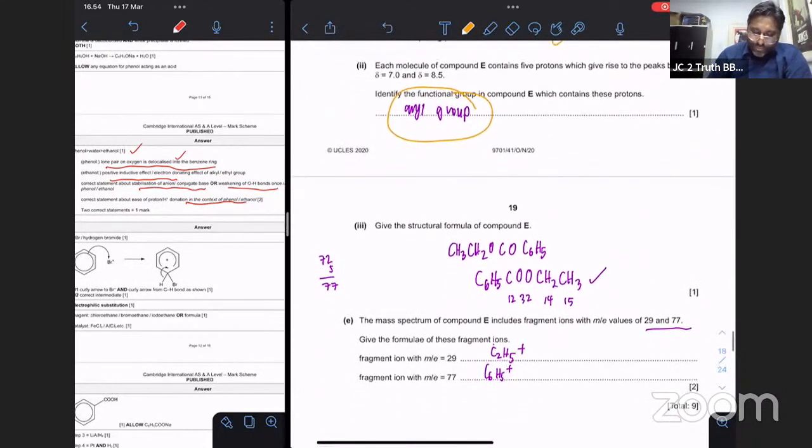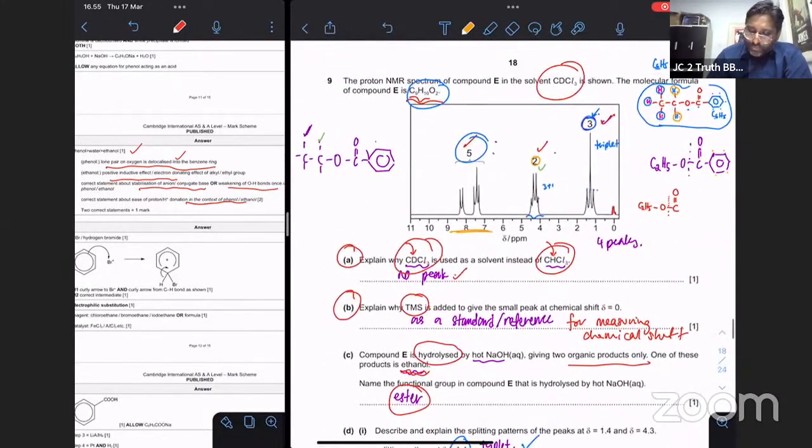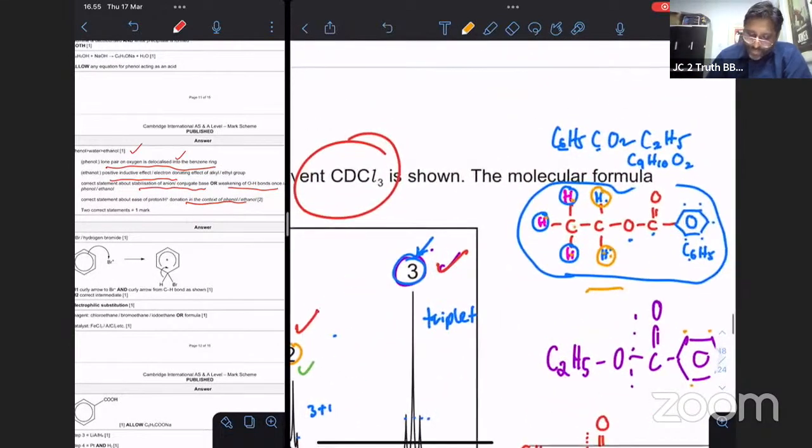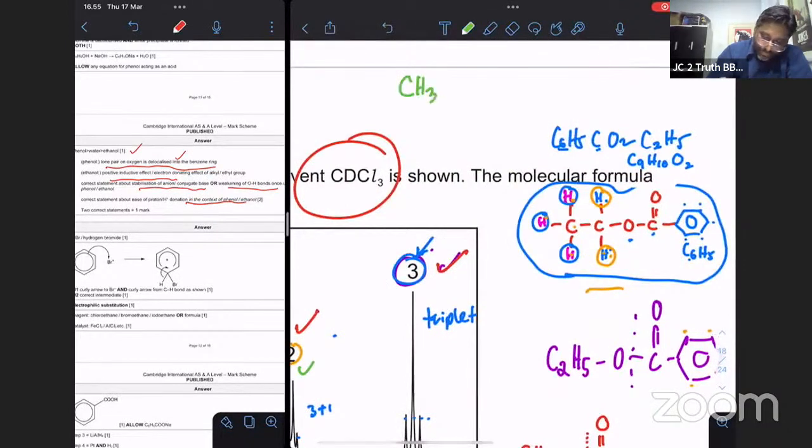And then they ask you to give the structural formula of compound E. Because I know for certain now this is compound E, I want the structural formula. So you write down CH3, then CH2, then CO2, then C6H5.